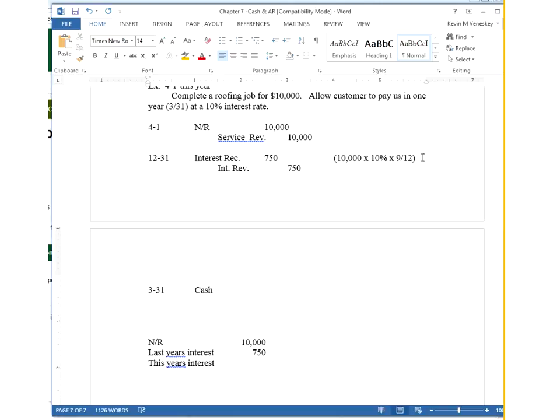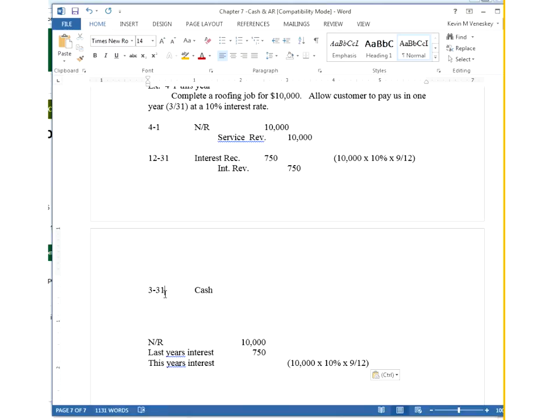This year's interest, well, I can do my calculation again if I don't know what it is. So I take the 10,000 times my rate, 10%, times my time. Now remember, time is whenever your last interest calculation was, or if there weren't any, the beginning of the loan. Well, I did have a prior interest calculation. It was back up here at the end of December.